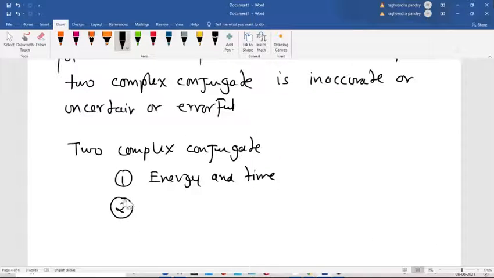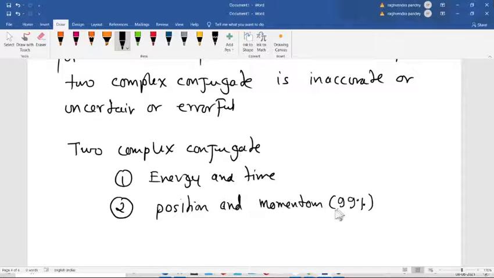And second is position and momentum. 99% of questions from the uncertainty principle come on position and momentum. Very few, about 1%, you will see on energy and time. Only a few times have they asked.